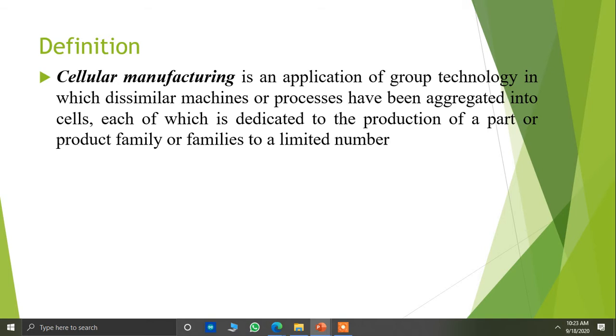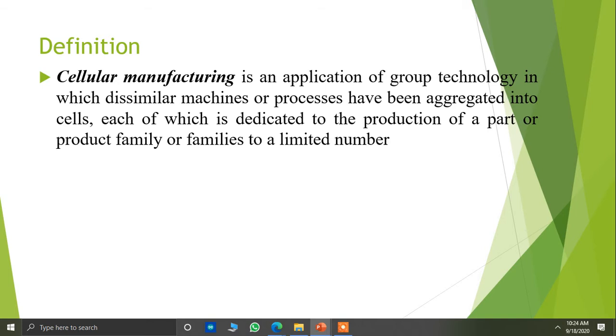Here it's an application of group technology to what? To your production, where your machines are dissimilar in nature, that means no machine should match another machine in terms of its production performance. At the same time, these are aggregated into what?